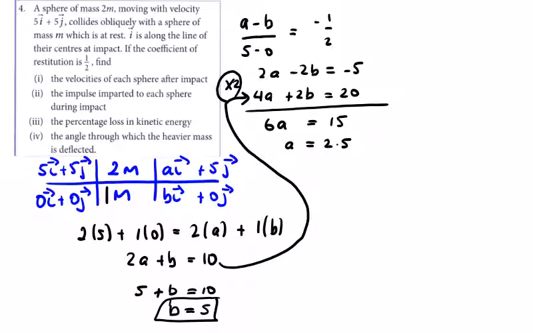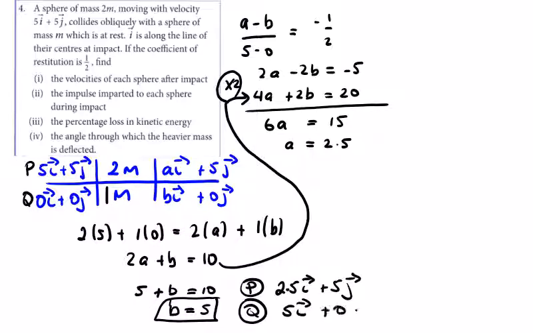So the velocities become ai plus 5j, which is 2.5i plus 5j, maybe label them P and Q, P and Q, and that's 2.5, and then the second one Q becomes bi, which is 5i plus 0j.